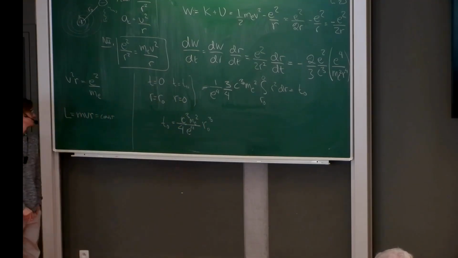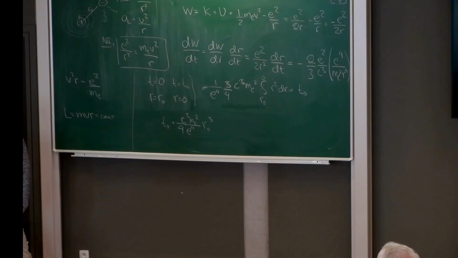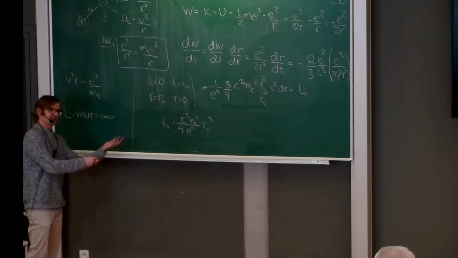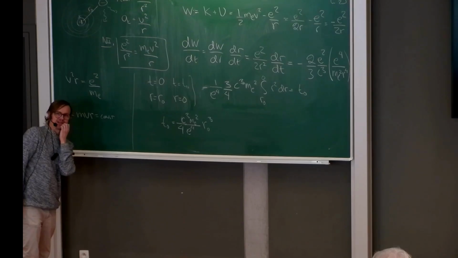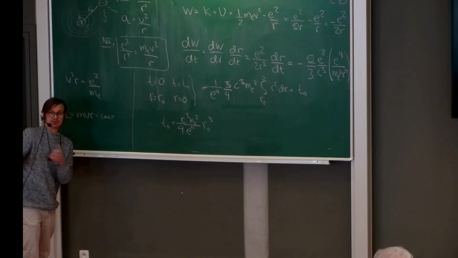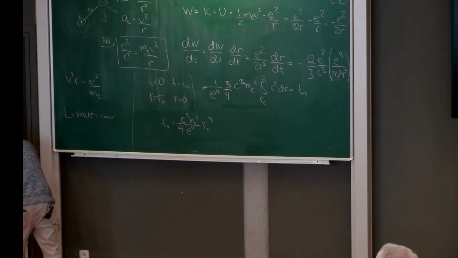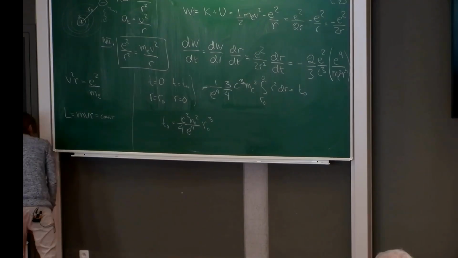And now we could just plug in the constants. We could use our lecture notes, the back, and plug in and see what time estimate this would be. And then we would see, is it small or is it large?